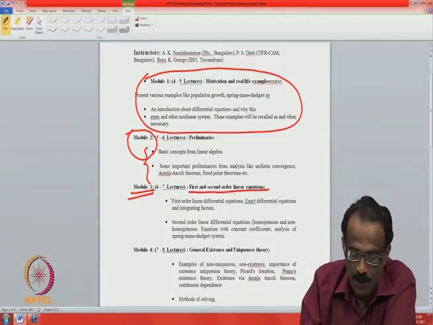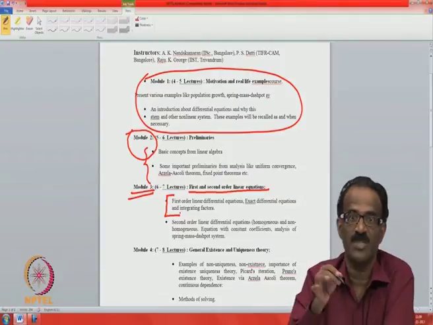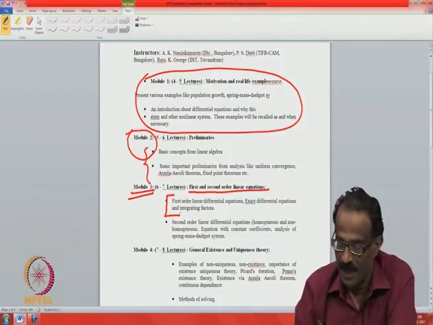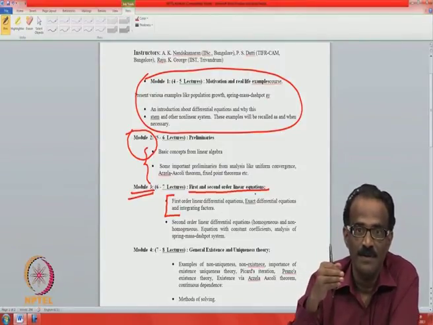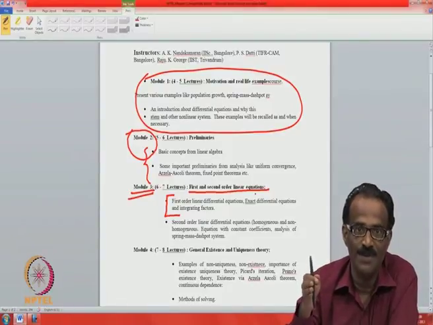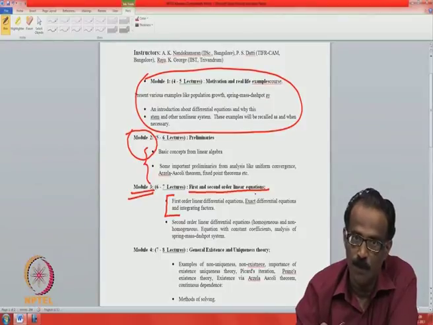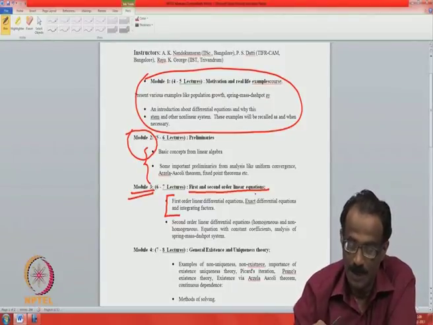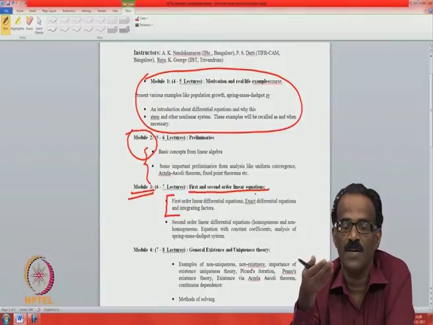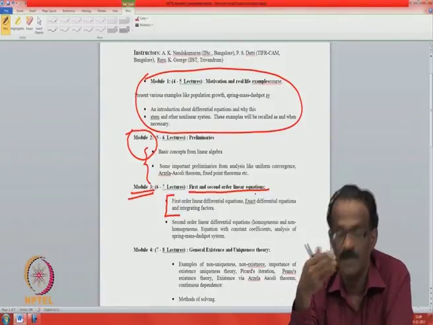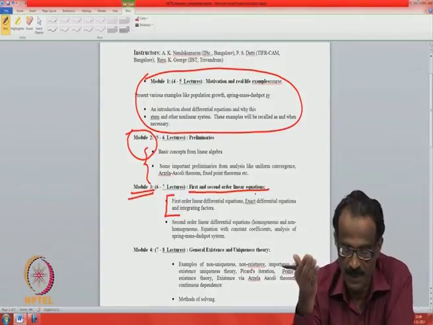So we will spend some time on first order linear equations. This is a very special class of differential equations, and the interesting thing is that you can convert that problem eventually to an integral calculus problem, and the main aim is to motivate some notions like integrating factors and the concept of exact differential equations.